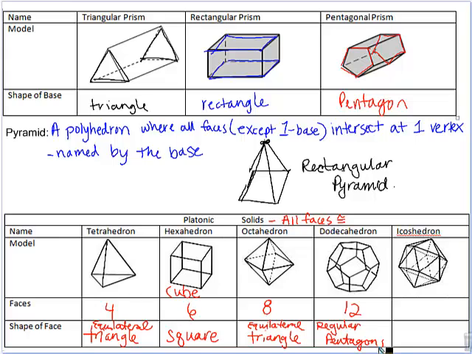Some of you might have played with those before. They're in some games. And then the icosahedron, this has 20 faces to it, and each face is an equilateral triangle.